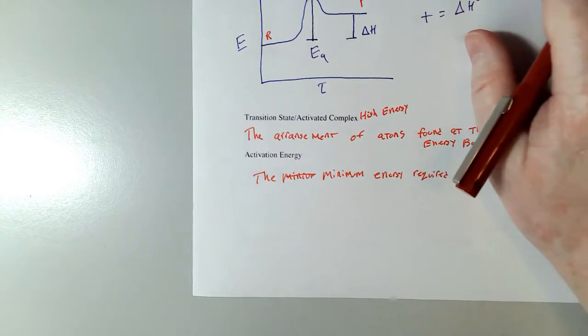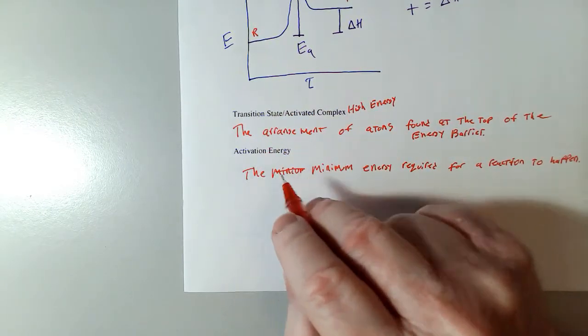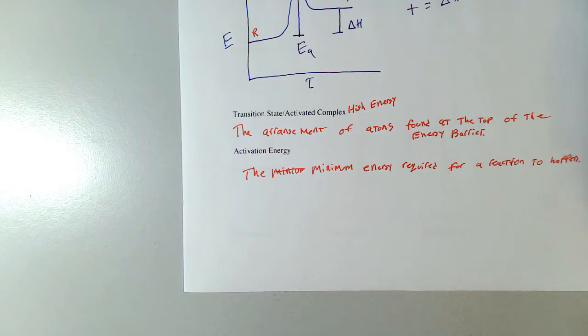All right, so when you have your collision of your two species, remember from last year, they have to hit hard enough, they have to hit with the right orientation. And the activation energy is you have to hit hard enough. Otherwise, they just bounce off of each other and nothing actually happens in the reaction.